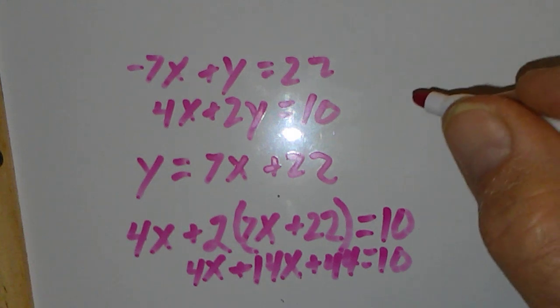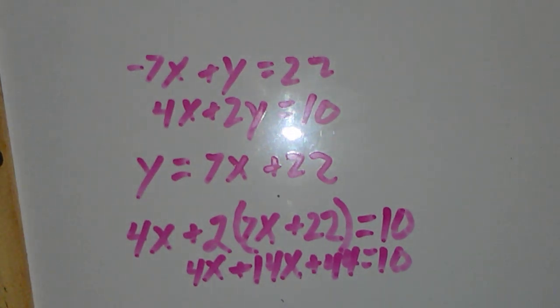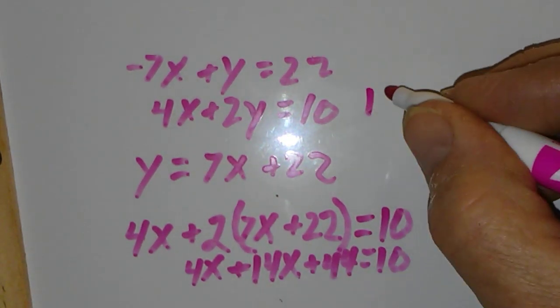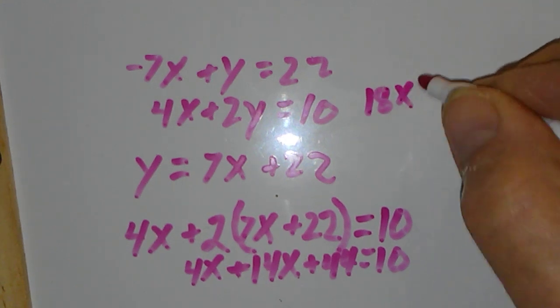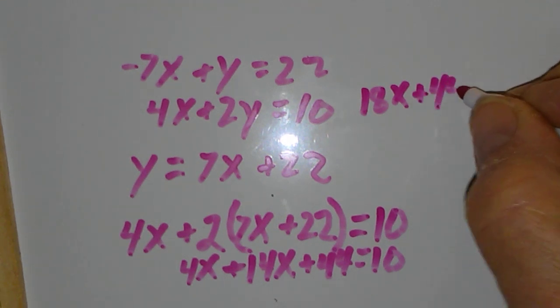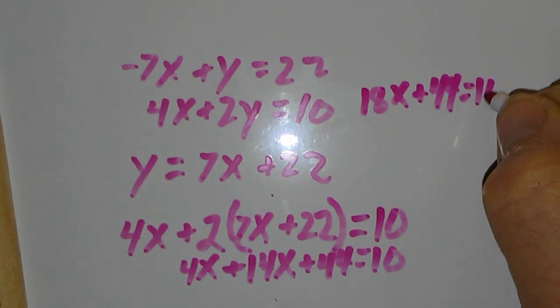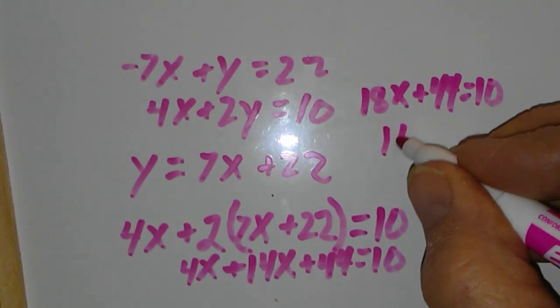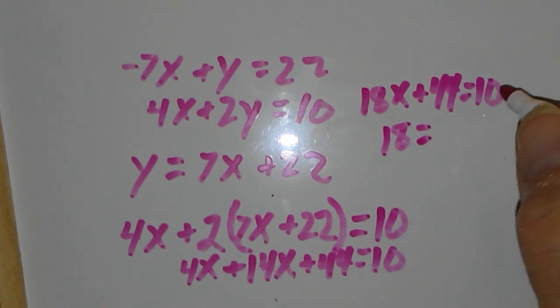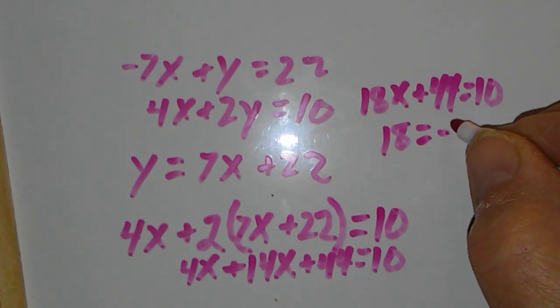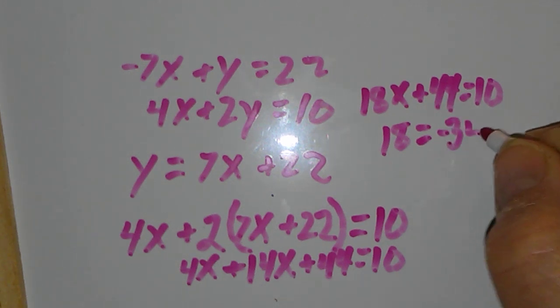I'm going to erase some of this. 4x plus 14x is 18x plus 44 equals 10. Now I'm going to subtract 44 from both sides to get 18x equals minus 34. Minus 34 because it's minus 44.